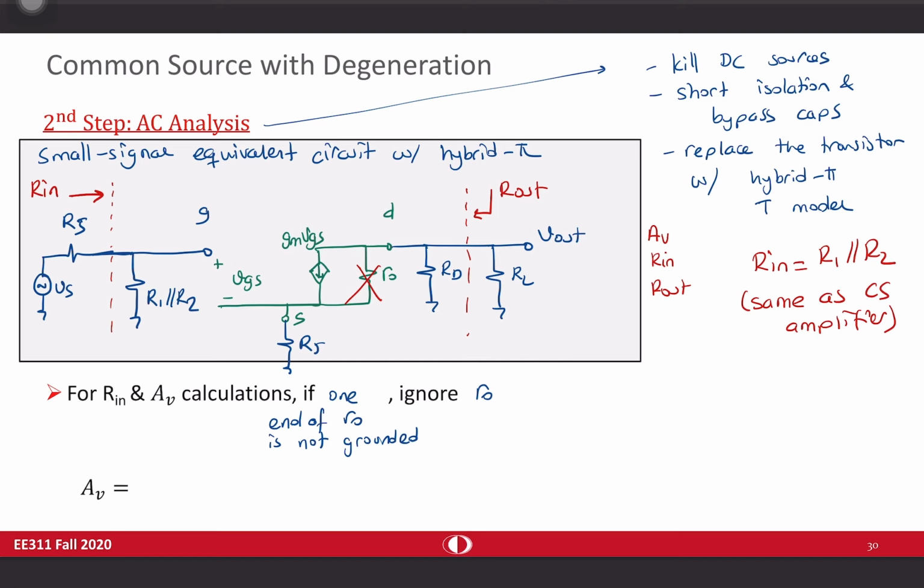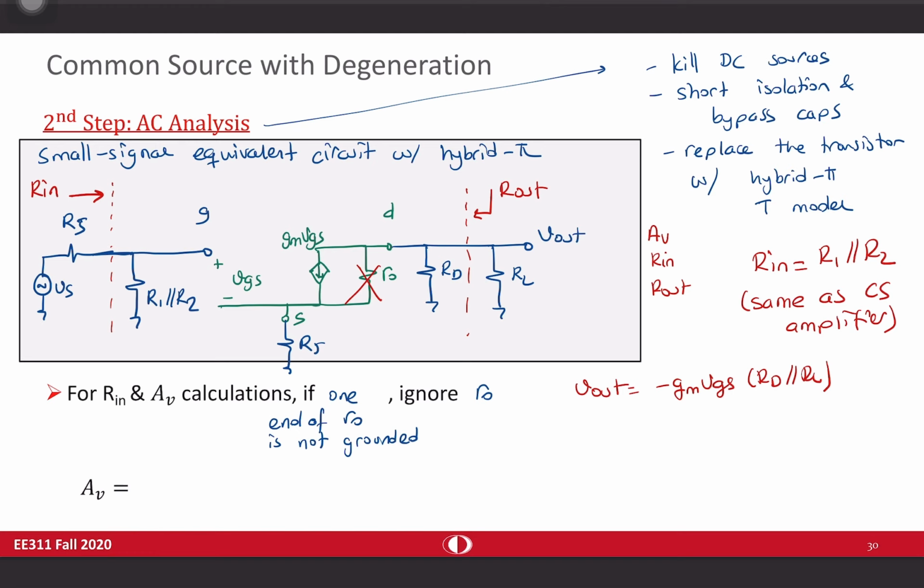And this is going to simplify it. Why? Because then I can write Vout directly, right? The whole current is passing through here. Vout will be equal to minus GM VGS times RD in parallel with RL. So Vout can be written as minus GM VGS times RD in parallel with RL.